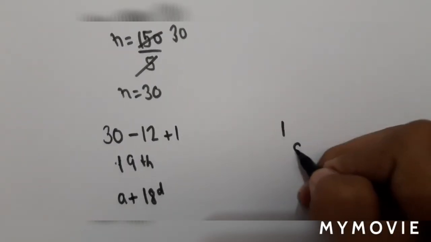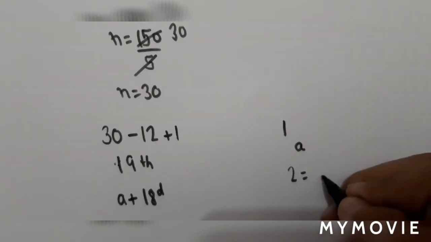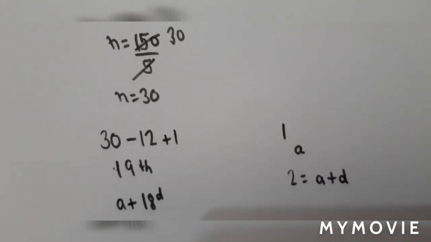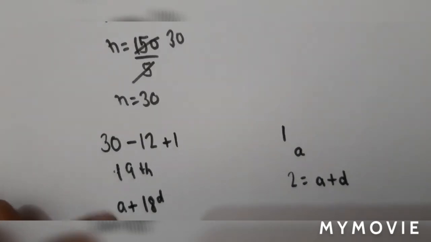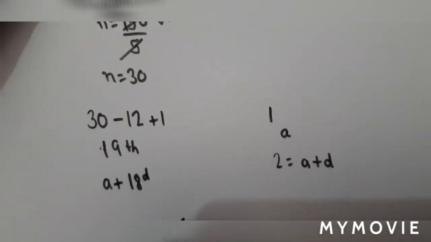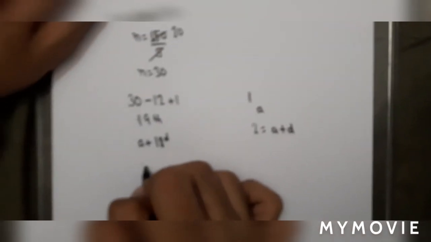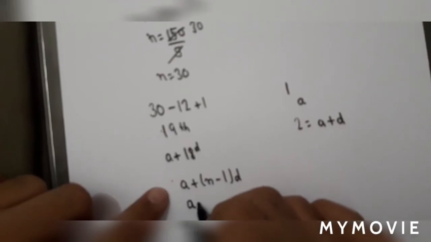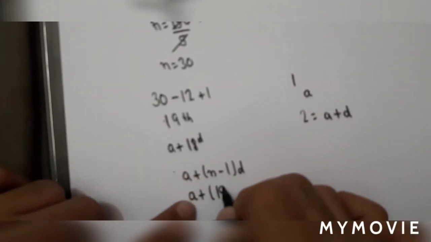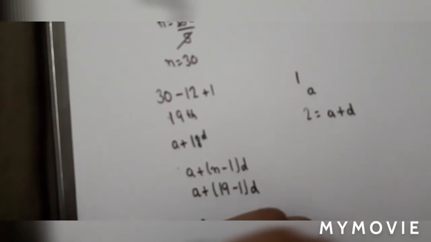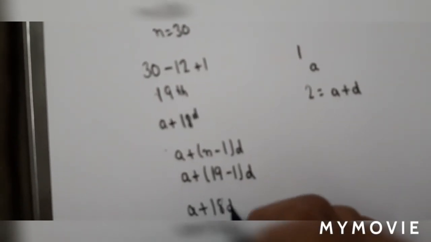So the first term can be written as a, the second term can be written as a plus d. For this also there is a formula. You can apply this same formula here also. So the 19th term we should find, so I will apply the formula a plus n minus 1 d. n is equal to 19, so here we will get a plus 18d.